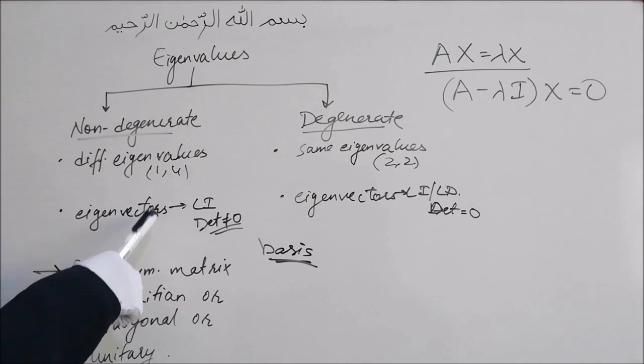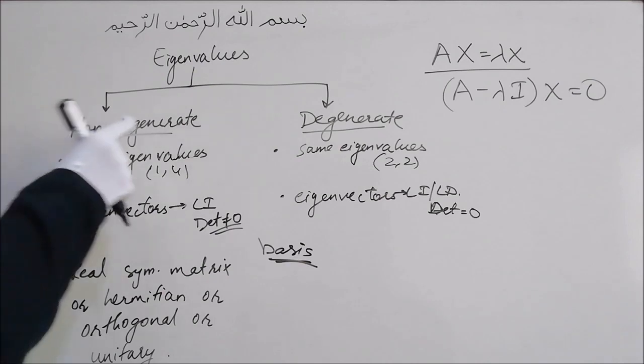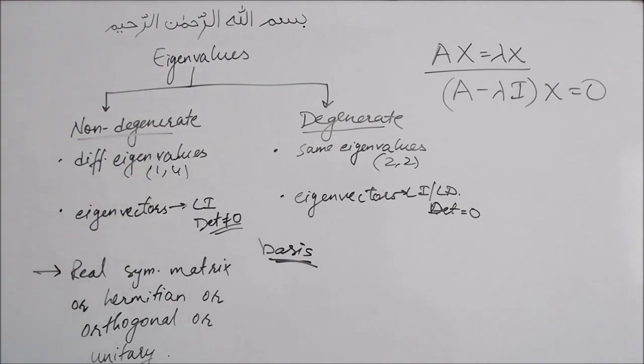The eigenvectors corresponding to non-degenerate eigenvalues of a real symmetric matrix or Hermitian matrix or orthogonal matrix or unitary matrix are orthogonal to each other. I'll repeat again. The eigenvectors corresponding to non-degenerate eigenvalues for a real symmetric matrix or Hermitian matrix or orthogonal matrix or unitary matrix are orthogonal to each other.